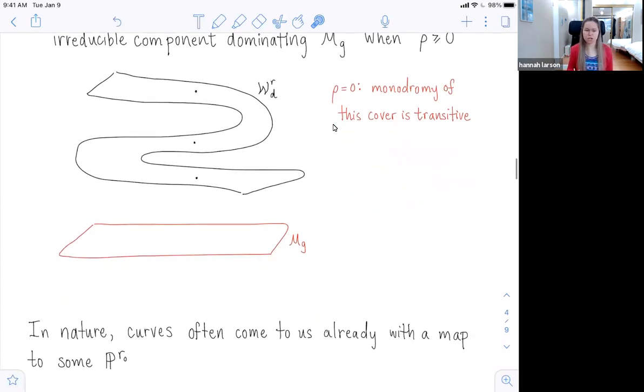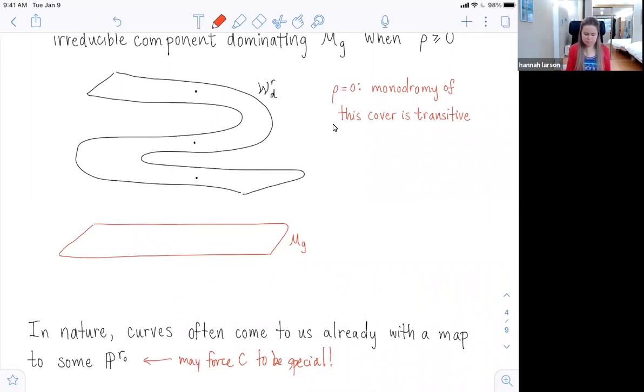But in nature, curves often come to us already equipped with a map to some projective space, say P^{R_0}. And the presence of such a map may force our curve to be special and fail the Brill-Noether theorem. So a natural question is, how does the presence of this, say, unexpected map to projective space affect the space of maps to other projective spaces?